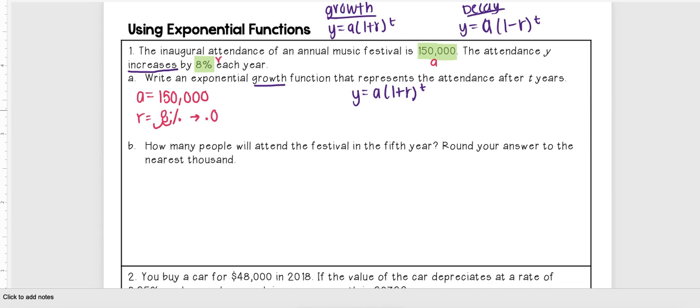So 8% is the same thing as 0.08. Now that I have all of that information, I can plug that in. So I get y equals 150,000 (1 plus 0.08) to the t. And I'm just going to go ahead and add those numbers in there, and I get 1.08.